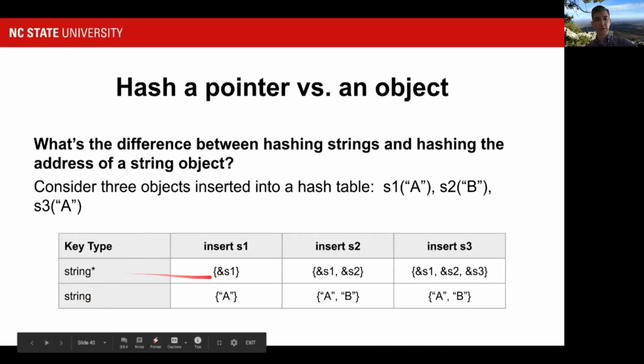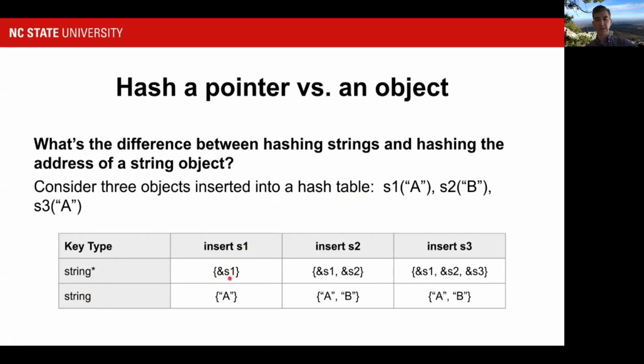Okay, so for string pointer, if I insert S1, then I'll have a set with the address of S1 in it. If I insert S2, I'll have a set with the address of S1 and the address of S2. And if I insert S3, I'll have a set with the address of S1, S2, and S3. So I have three objects in my hash table if my key is the address of a string.